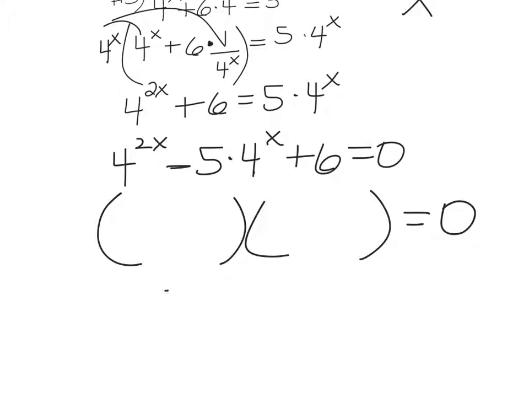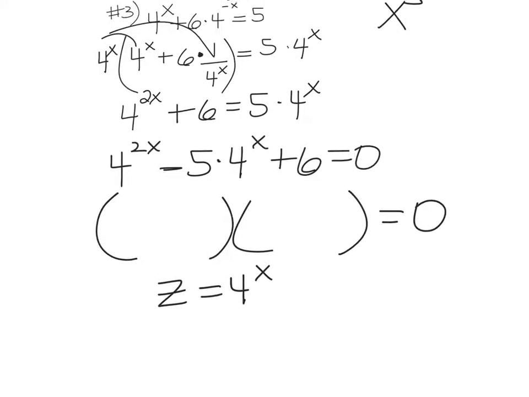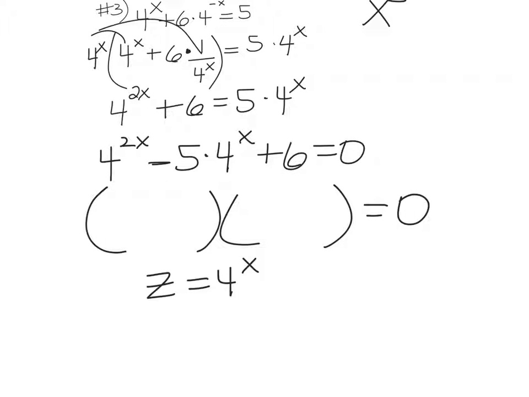If you can't see it, it's really hard to factor this. If you let z equal 4 to the x, that's going to be a little bit better because here you'll get z squared, because 4 to the x squared would be z squared, minus 5z plus 6 equals 0.